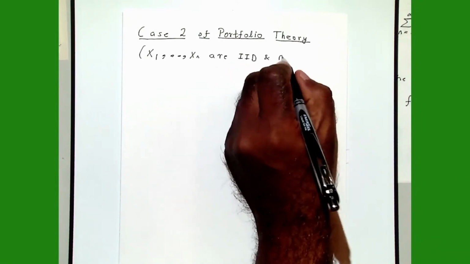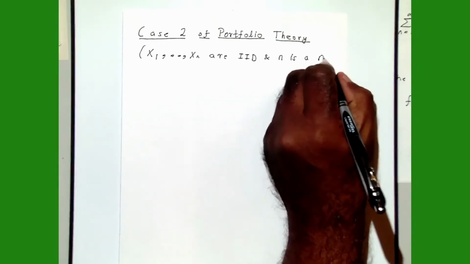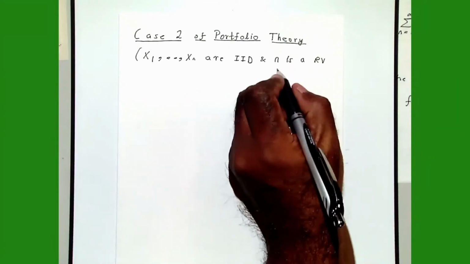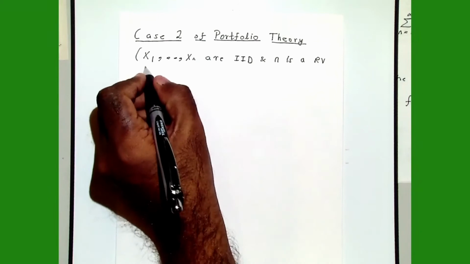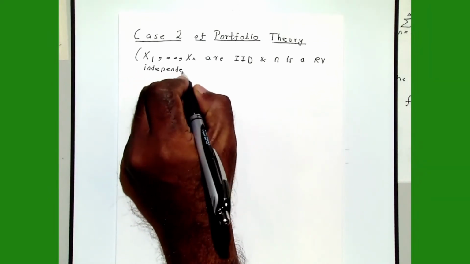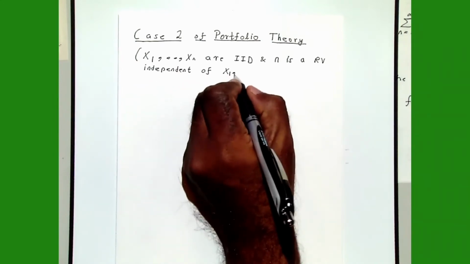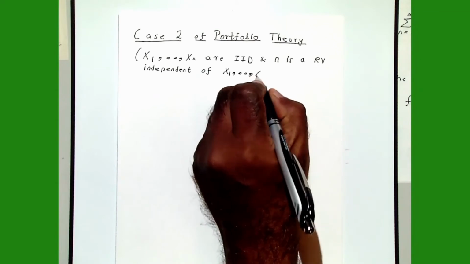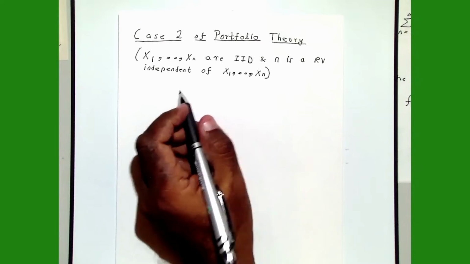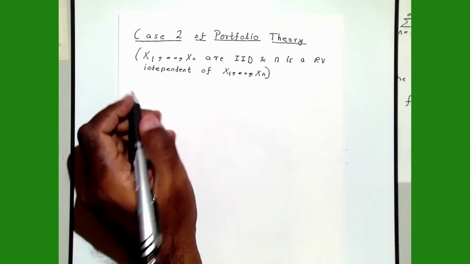And n, the number of investments, is itself a random variable, and we need to assume that n is a random variable independent of the losses. This is a crucial assumption because we cannot do the calculations otherwise. So the number of investments is a random variable independent of the losses.